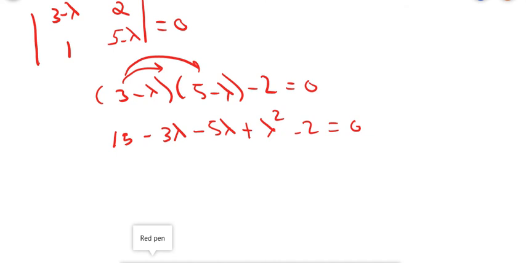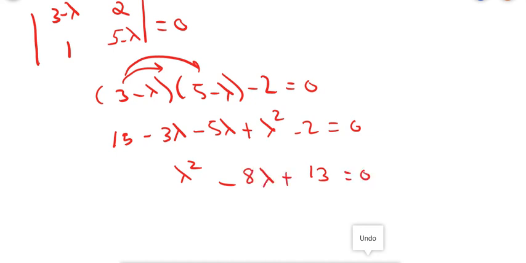Sorry, I forgot to write the lambda square. So 15 minus 2 will be 13, and here it will be lambda square minus 8 lambda plus 13 is equal to 0.